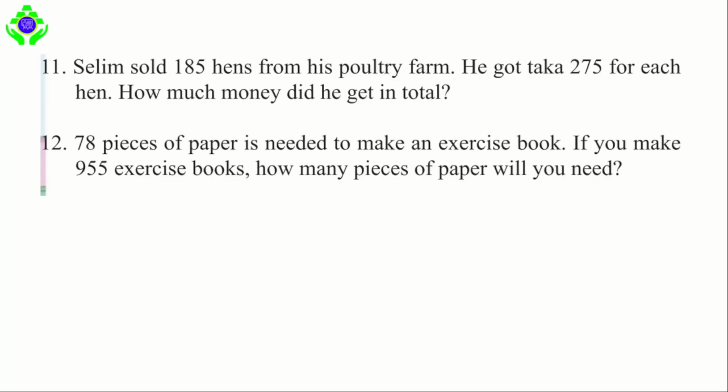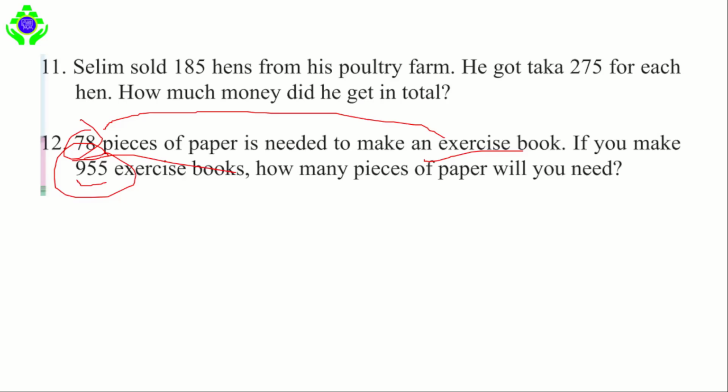Question number 12 is like this: 78 pieces of paper are needed to make an exercise book. If you make 955 exercise books, how many pieces of paper will you need? So now try to customize the question. How can I customize this? Let's go to the whiteboard.